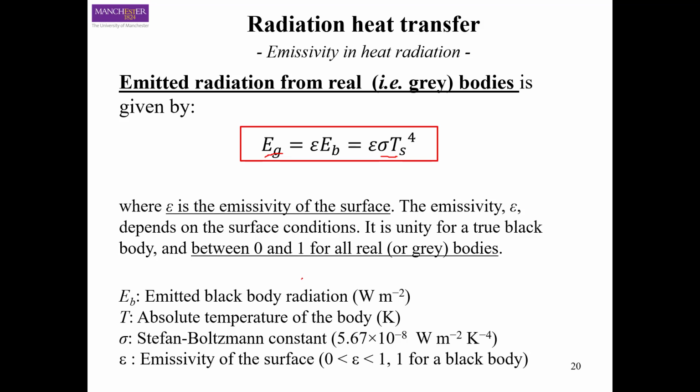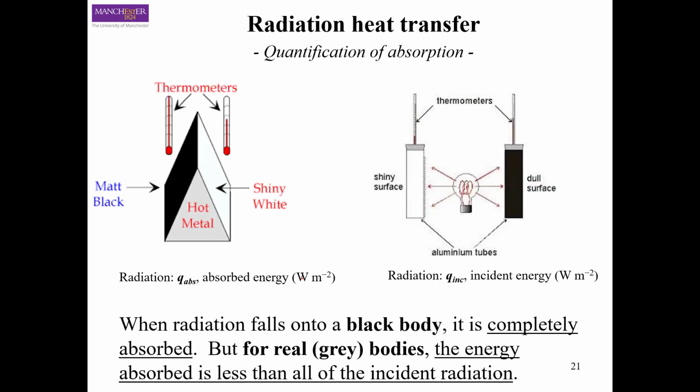Now, if an object is emitting radiation, and that radiation falls on another object, what is going to happen to that object? When we have incident radiation emitted by an object and it falls on another object, the radiation is going to be absorbed by the other object.